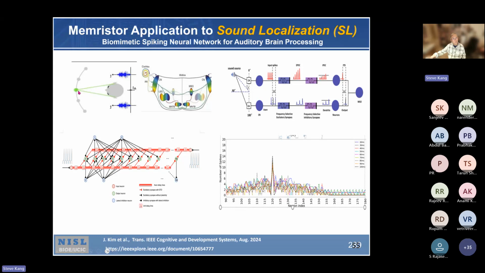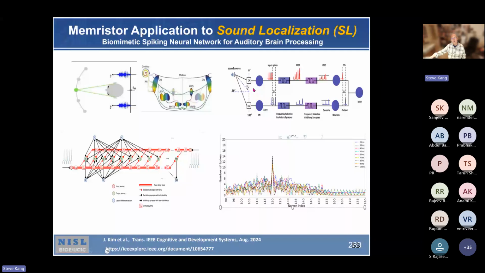But if the sound source is all the way here, the distance traveling to the right ear is shorter than the distance traveling to the left ear, right? So if the system is correct, it should say this sound source is from here, about maybe 45 degrees. So that's the idea. If the sound source is here, and this is the angle here, it should come up with an angle here.